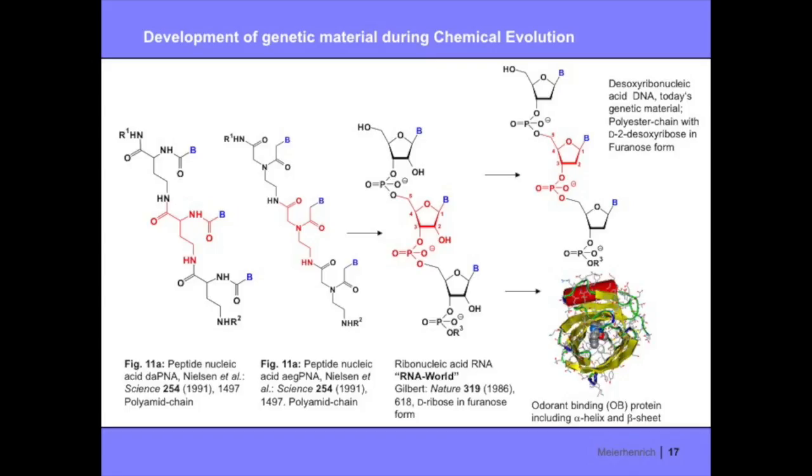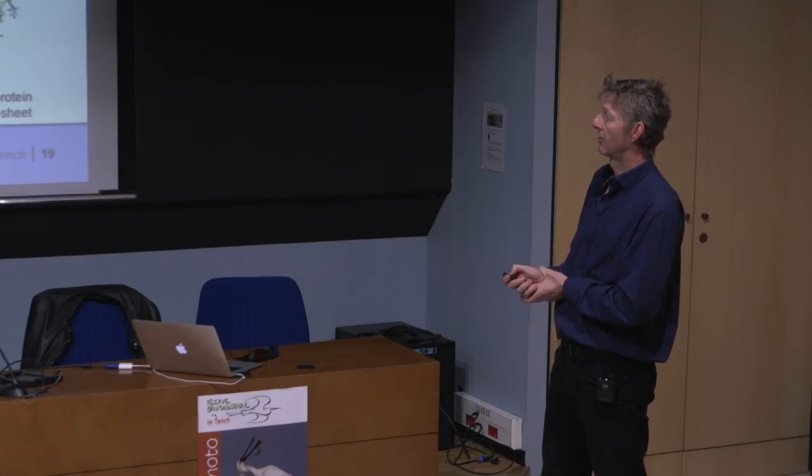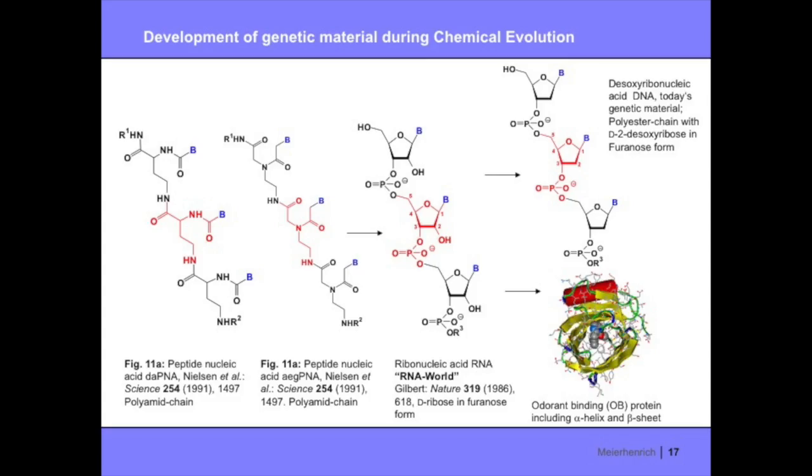To give you a little more biochemistry background on these molecules, what makes them fascinating is you can use this molecule, we have it in our lab, this molecule here. You can form a duplex of this molecule with RNA. You can form a duplex of PNA with DNA.